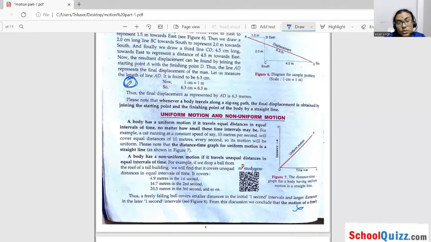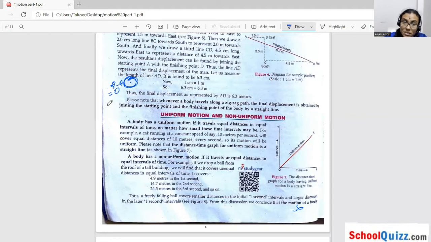As I told you, displacement depends on the initial and final positions. This is the initial point and this is also the final point. So it will be 0. Suppose this is A and here it returns to A. So A minus A will be 0.